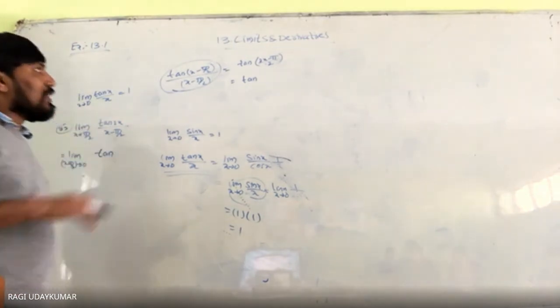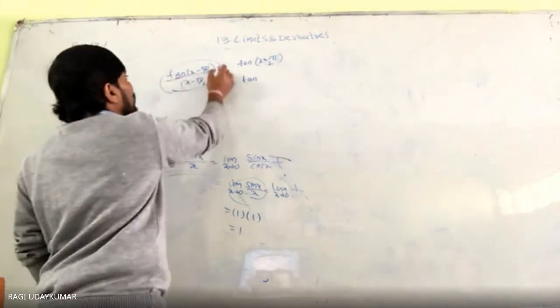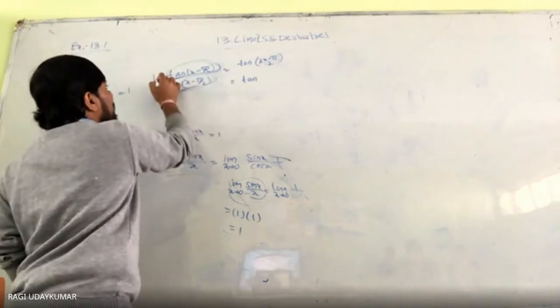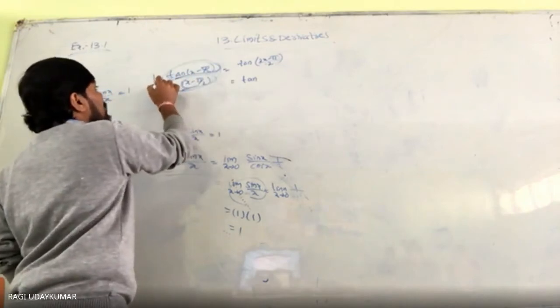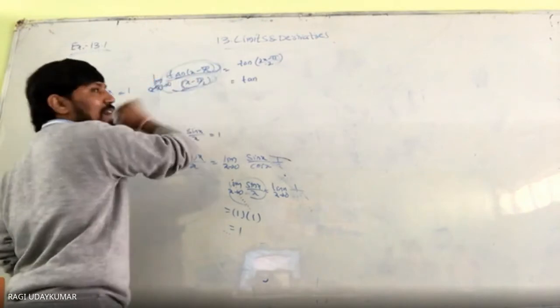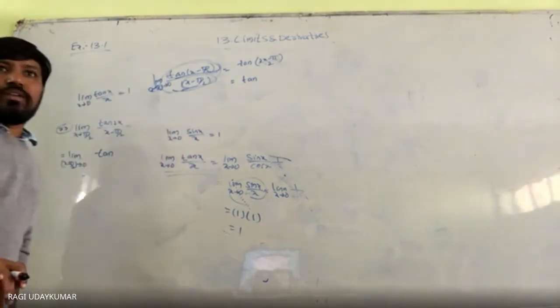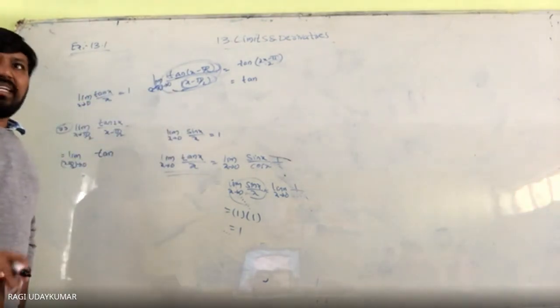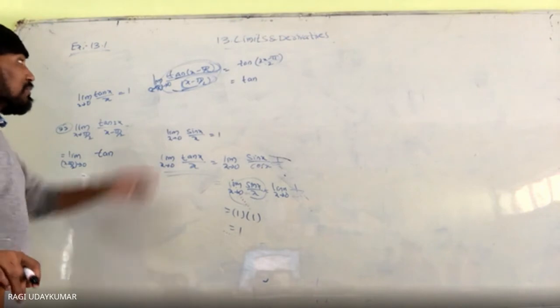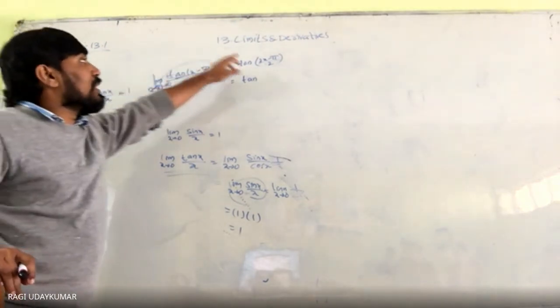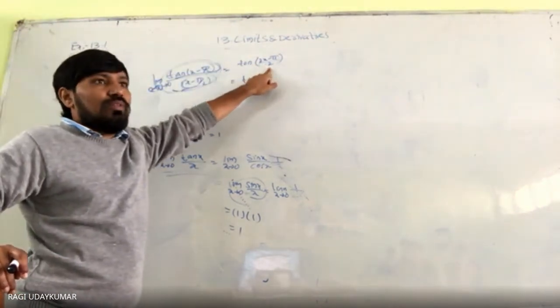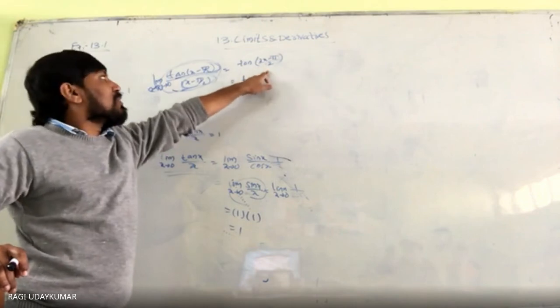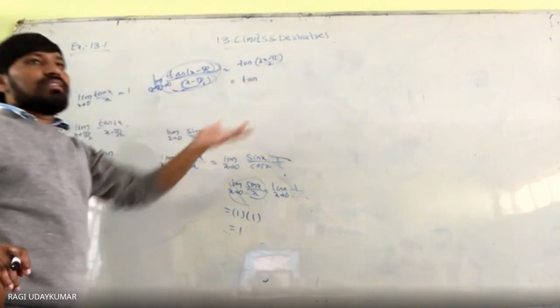So now if you proceed, if x minus pi by 2 tends to 0, it doesn't matter what you are going to get. But wherever you are having this, you need to have this in the numerator. And in the numerator there is tan 2x, how do you get it?